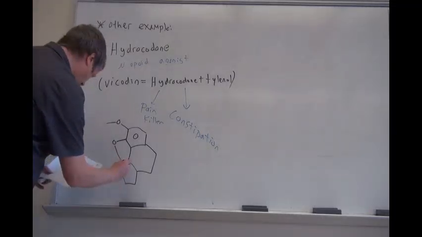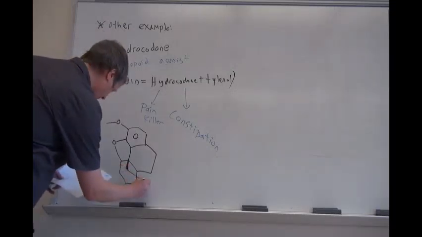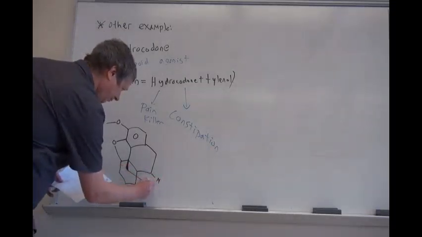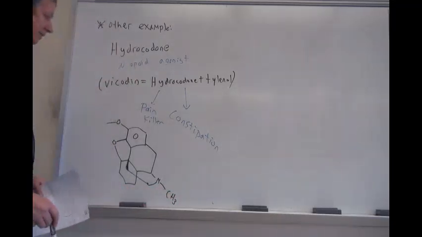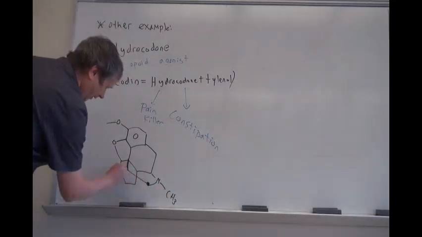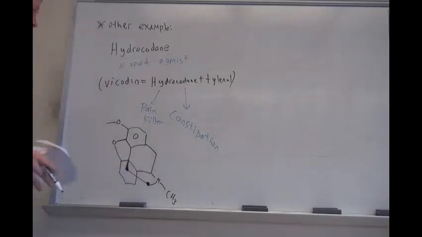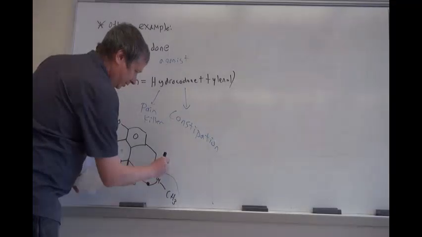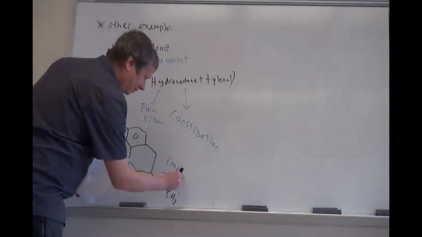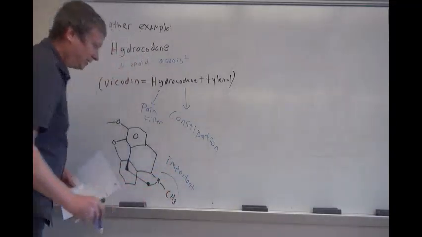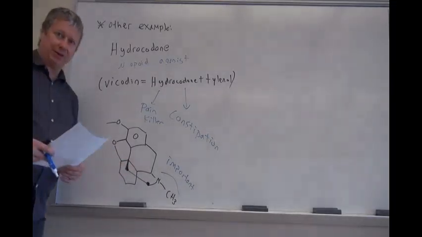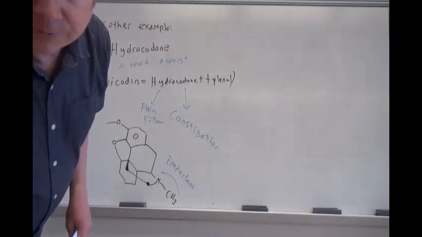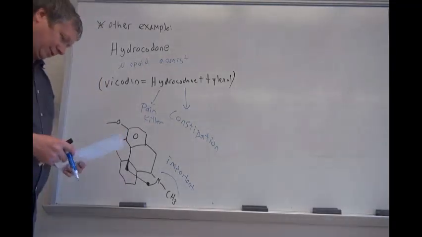You have this little CH2 popping out and extending out here, and you have a methyl at the bottom. So we have a CH2 right there and a CH2 right there. Okay, so that's the structure of hydrocodone. The methyl is really important, so let's remember that. Nitrogen with a methyl. You can look up the chemical structure of these things on Wikipedia or something like that. Okay, great.